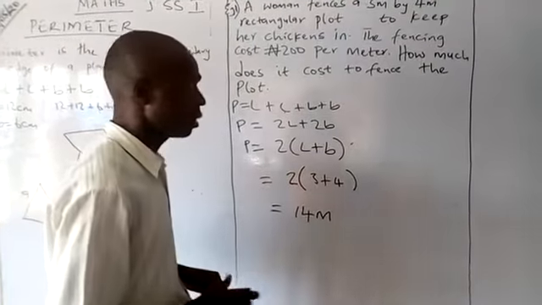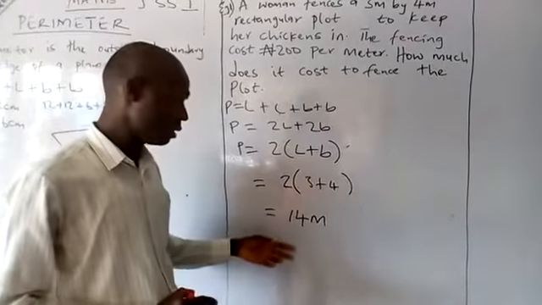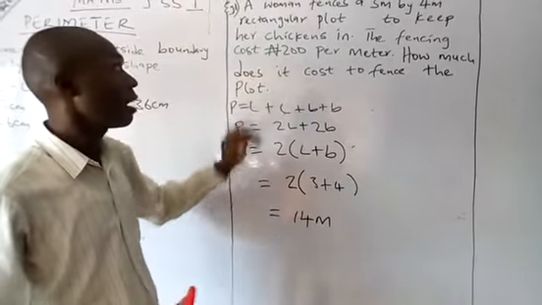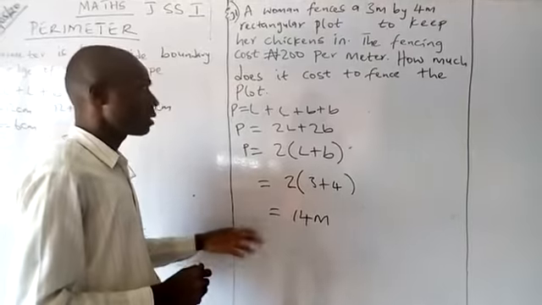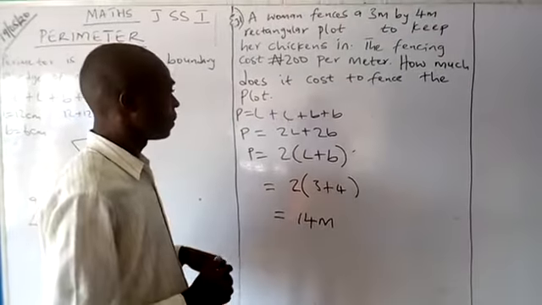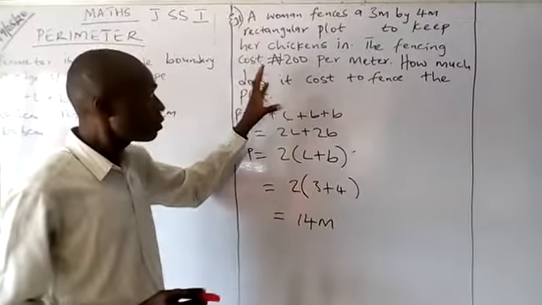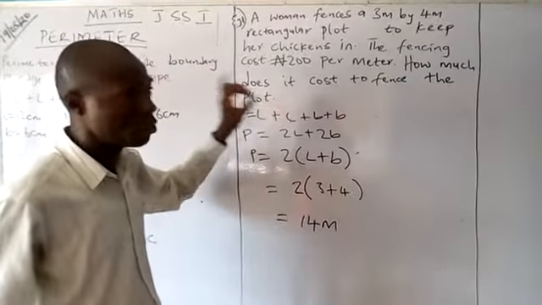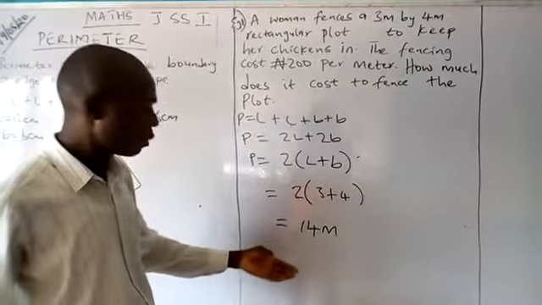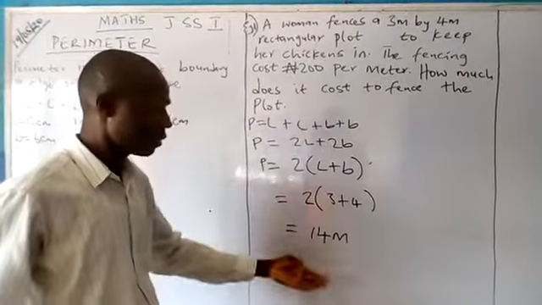But take note, it is not squared. 14 meters is the perimeter of the place. For us to find the amount, first of all, you need to find the perimeter, which is 14 meters.